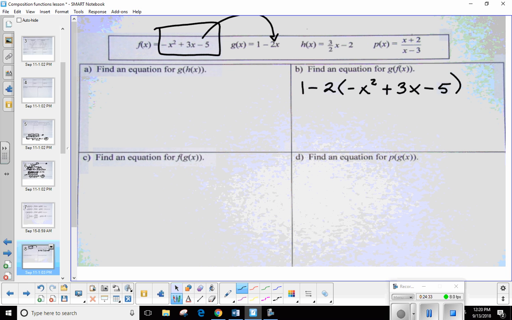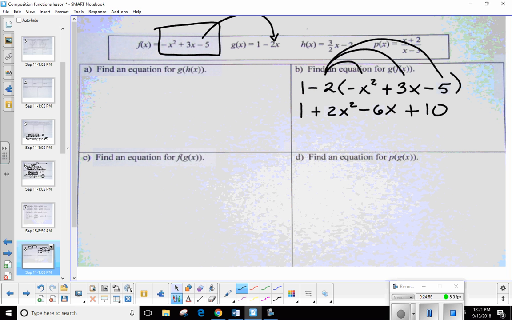So all I have to do is distribute and combine my like terms. What do I get if I distribute a negative 2? That'd be plus 2x squared, times 3x, minus 6x, and then plus 10. There we go.